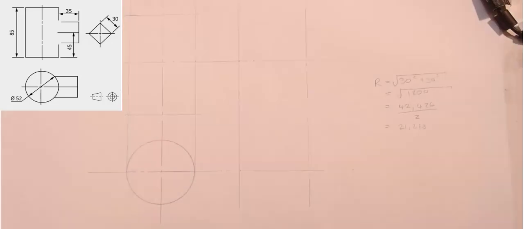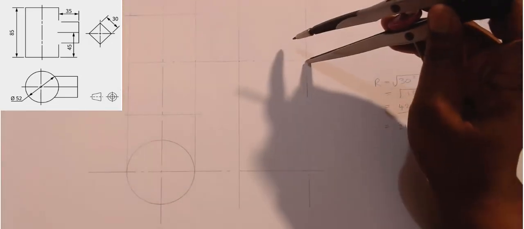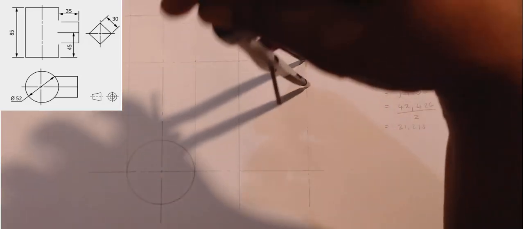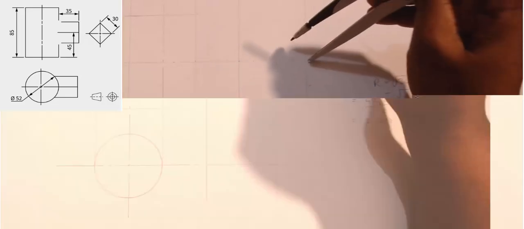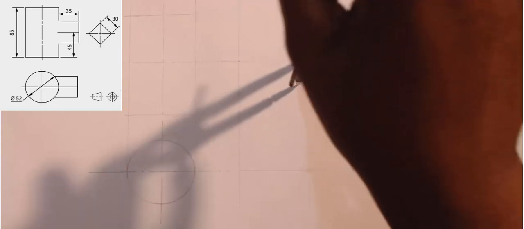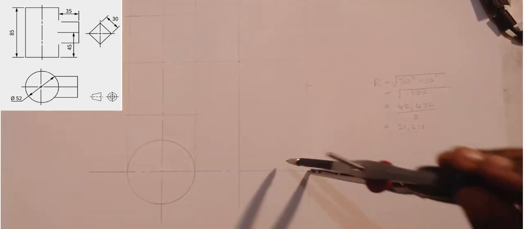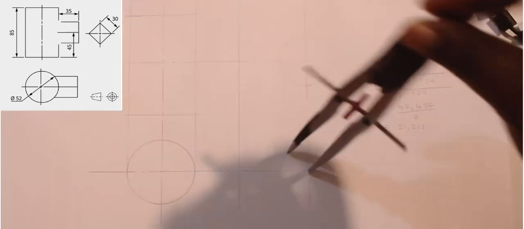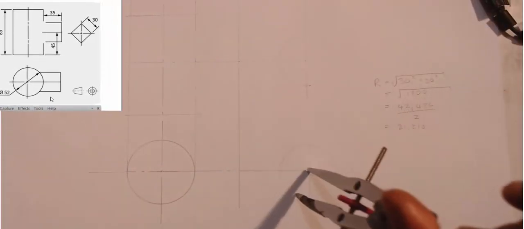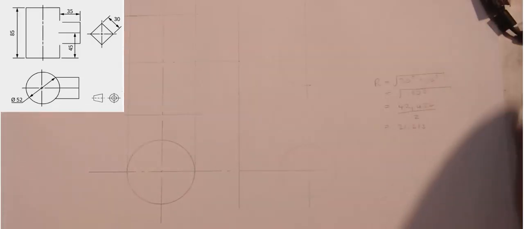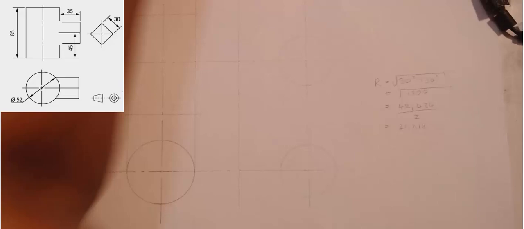The 21. So we go right there and we draw. It moved, yeah. We draw a circle. I'm also going to apply it this side because I need it. Okay. And then from there, I need a 45.